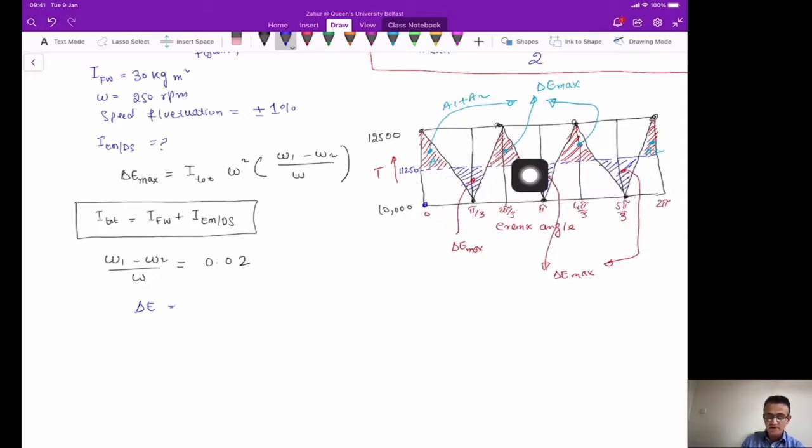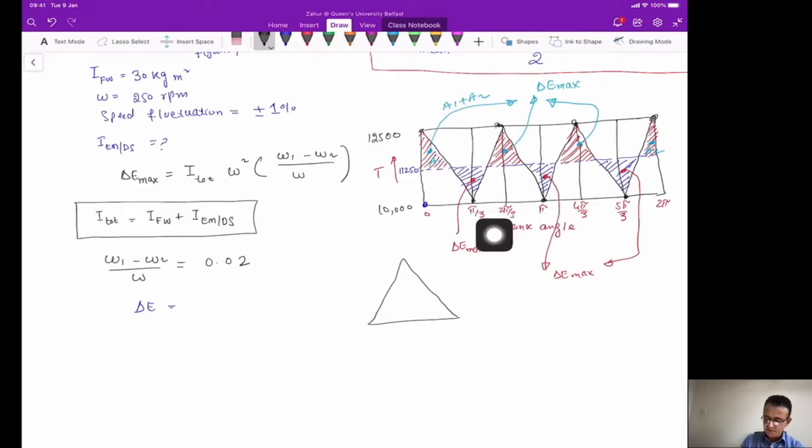So if you take this triangle here, if you want to draw this triangle, the base of this triangle goes from pi by 3 to pi. So the base of this triangle is half of this section, and then half of this section here.